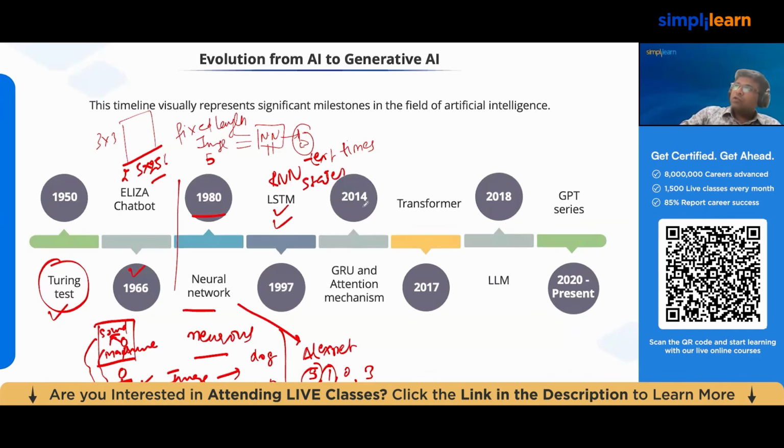Then in the year 2014 came the GRU and the attention mechanism, which was introduced in the transformer model later, in the year 2017. So basically, RNN was doing great.